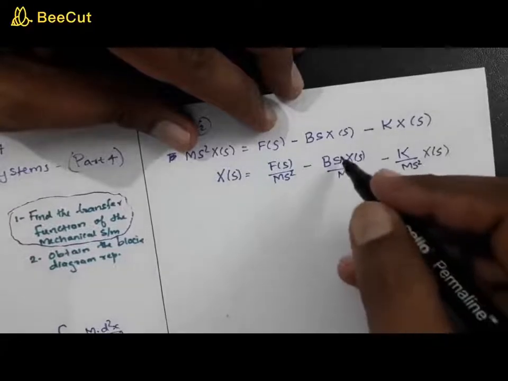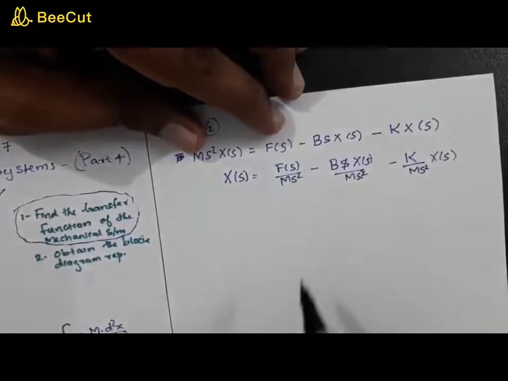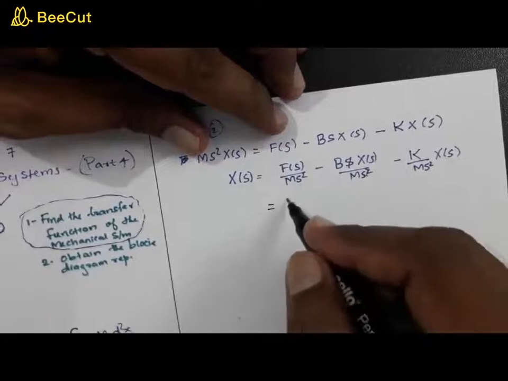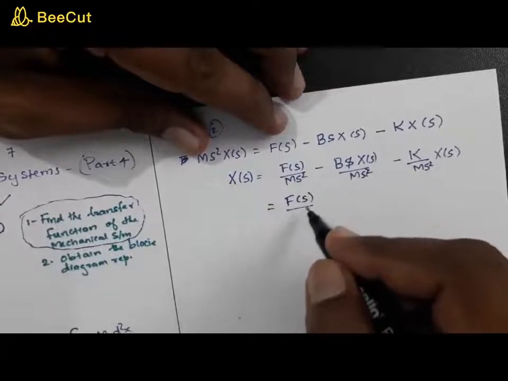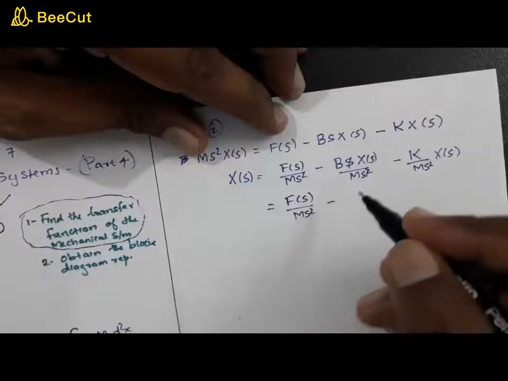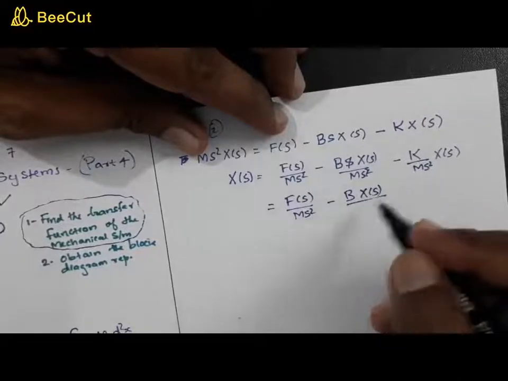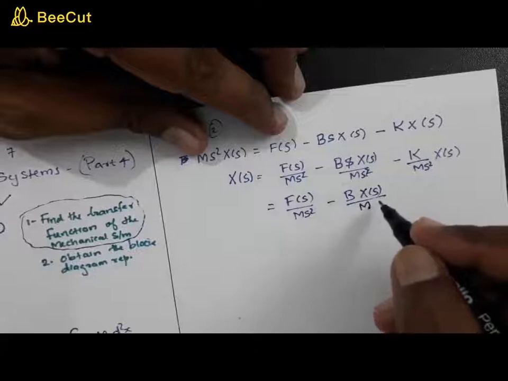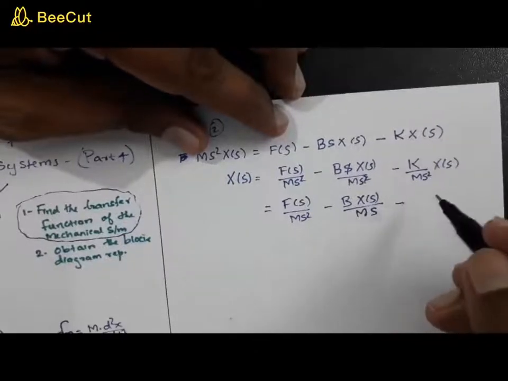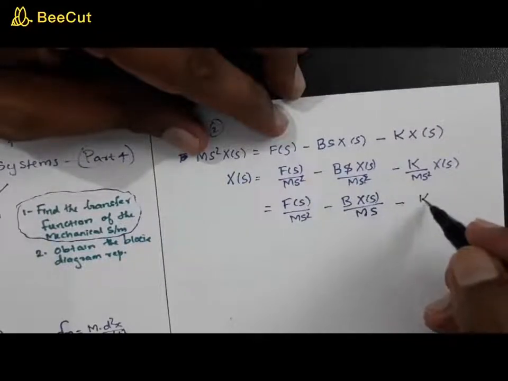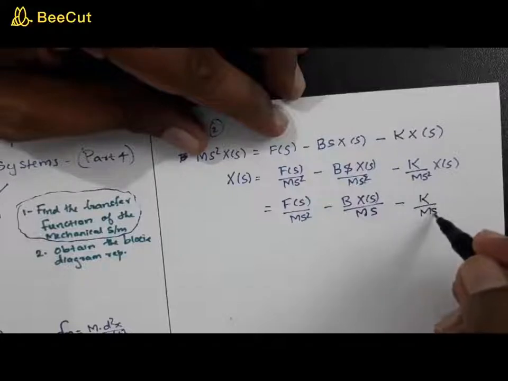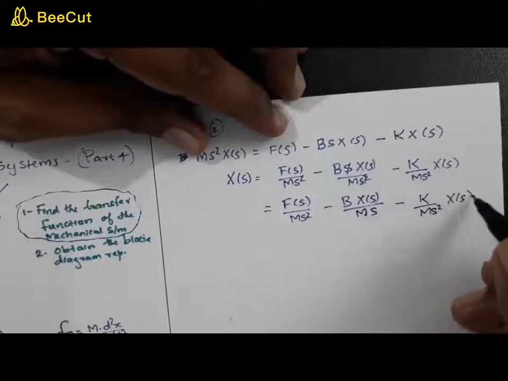Now this s and s get cancelled, so this expression becomes f of s by ms square minus b into x of s by ms minus k by ms square into x of s.